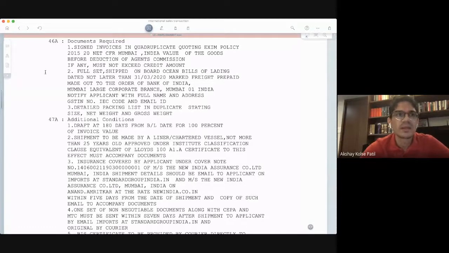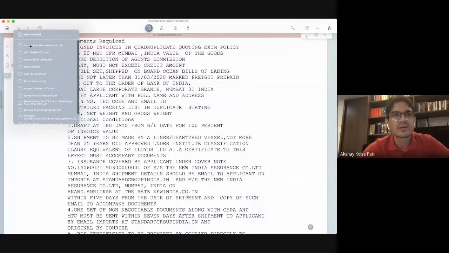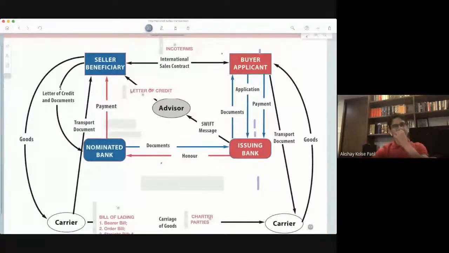Now, once the letter of credit has been received and once the documents have been forwarded by the carrier, the seller will send the documents to his bank. The nominated bank will then forward the documents to the issuing bank, which is the bank of the buyer.